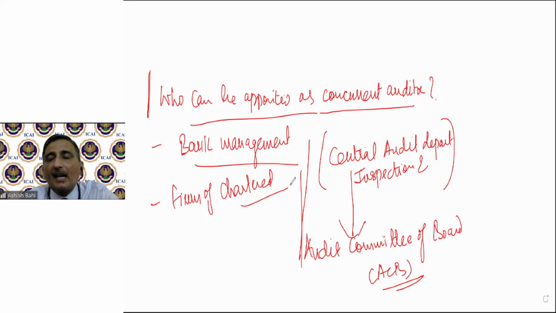And students, you have to remember that not every branch would be under concurrent audit. In case of nationalized banks, public sector banks, not every branch is under concurrent audit. In accordance with the policy made by the bank at the HO level and in accordance with RBI guidelines, banks choose certain branches for concurrent audit depending upon their risk parameters.